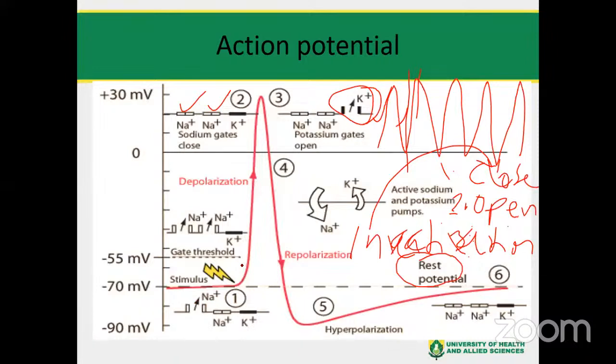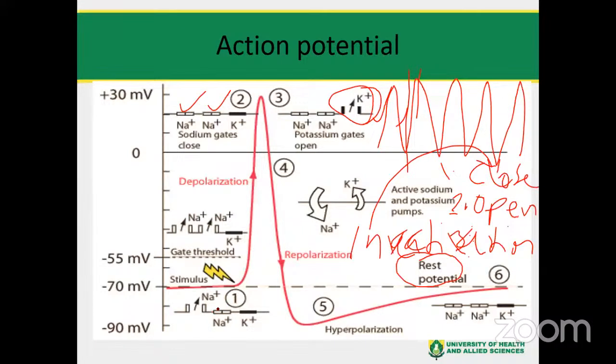When sodium enters, it drives the membrane potential to minus 55 millivolts. Then more voltage-gated sodium ion channels will open again. Look at the next one where sodium channels are opening. You see the first sodium ion channel that opened is still open.